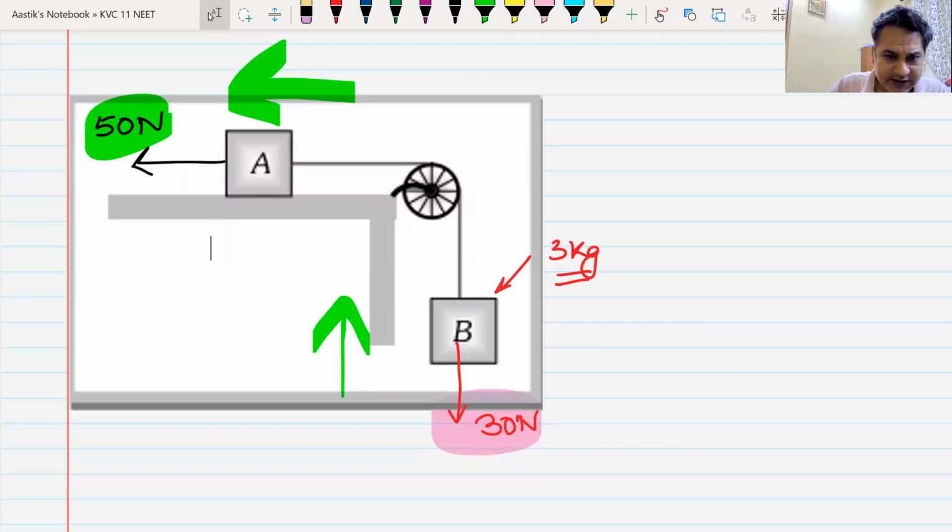Do you understand this? Shall we move ahead with the next question? Okay, now without explaining anything, I will give you this one. Let's see if you can do this one with your own understanding.